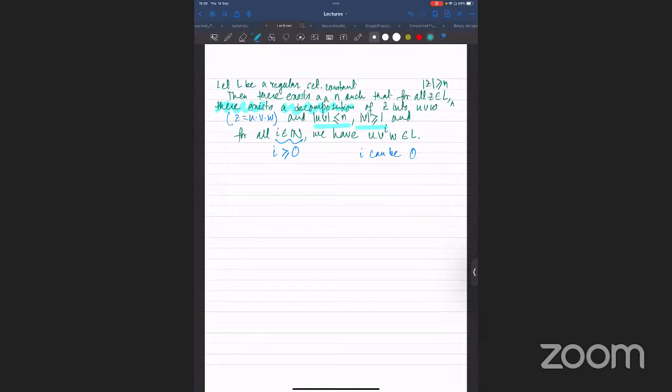There can be several possible decompositions of Z into UVW. As long as you can show me that there exists such a decomposition such that you can pump the V arbitrarily many times, it is regular. Clear? So this is very important.